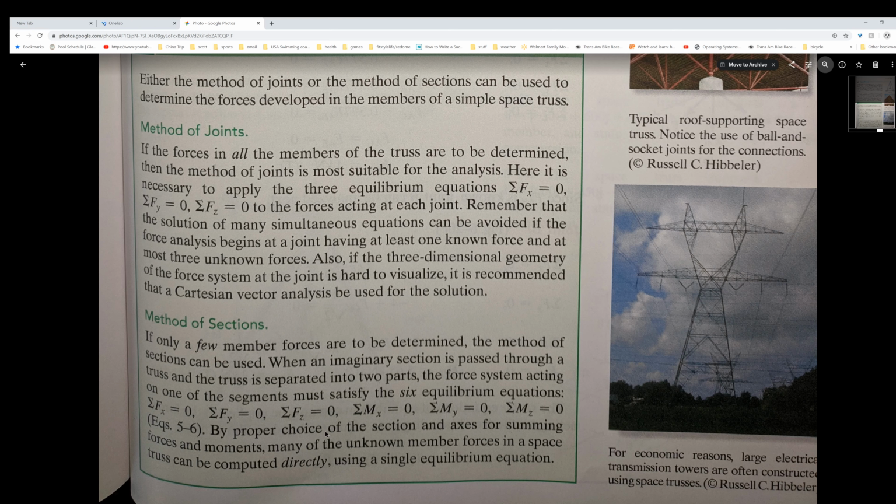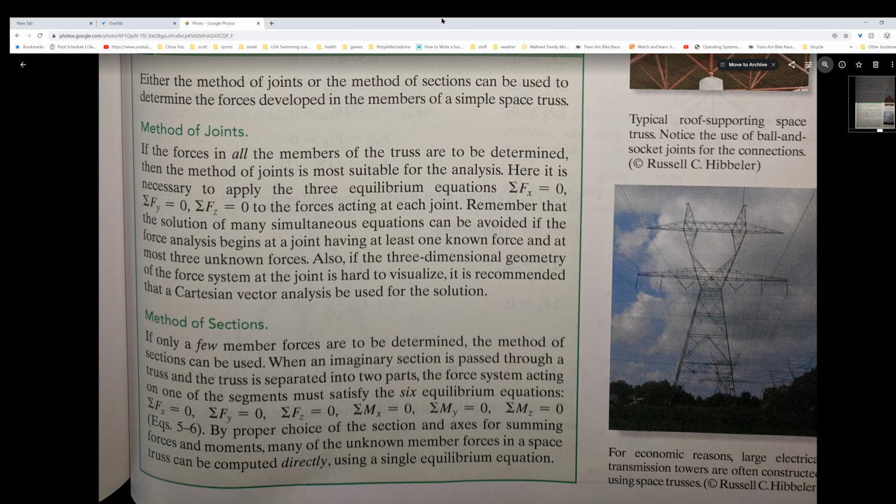The summation of the forces in the x direction, y direction, and z direction must all be equal to zero, and the moments about each of these axes must also be zero. This represents any point on the structure. There cannot be any rotation on the structure, so this has to be true for any point. Otherwise, it wouldn't be in equilibrium.